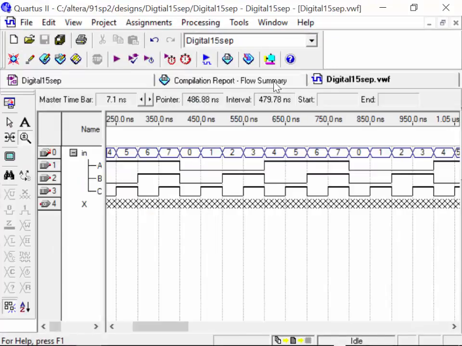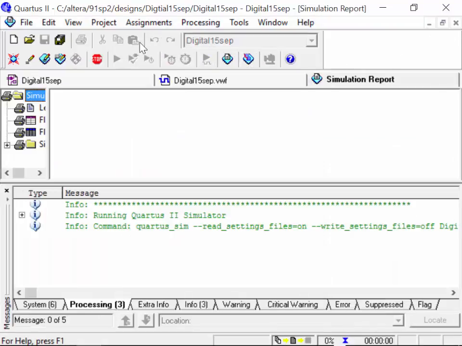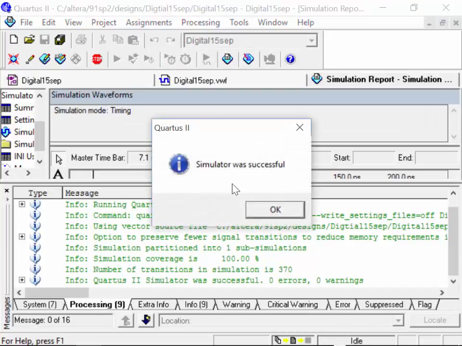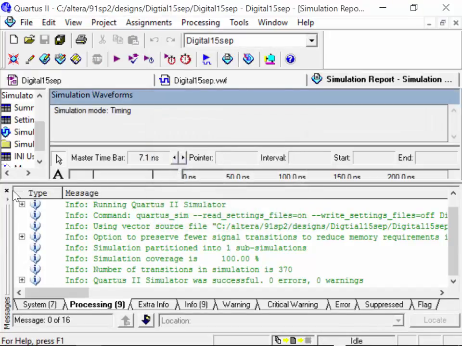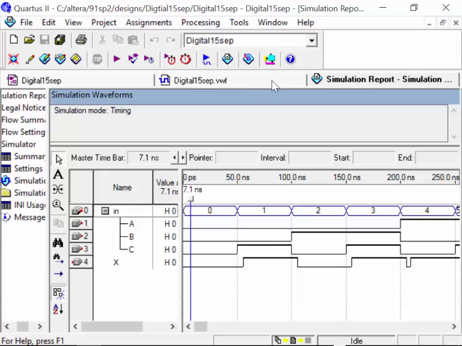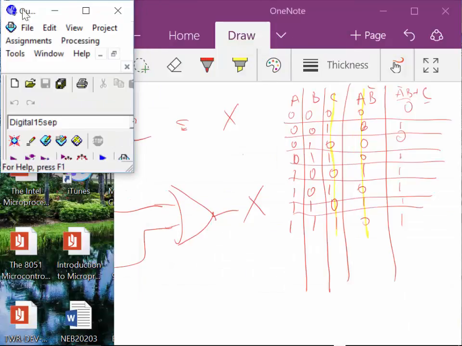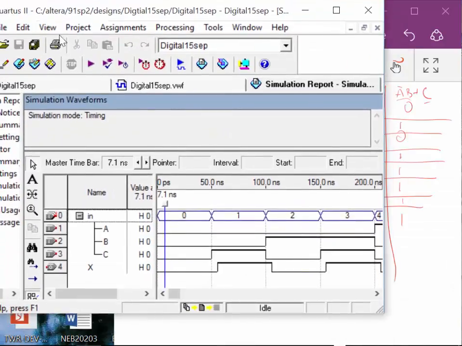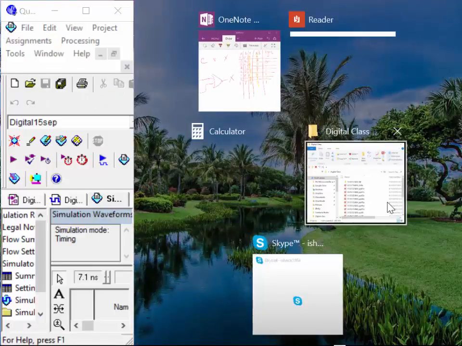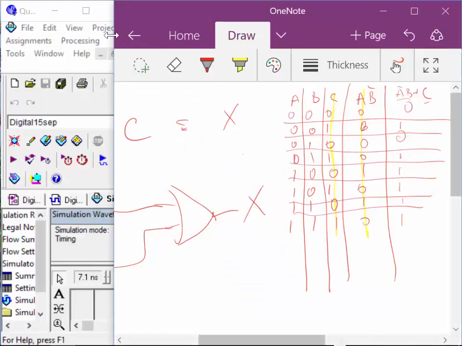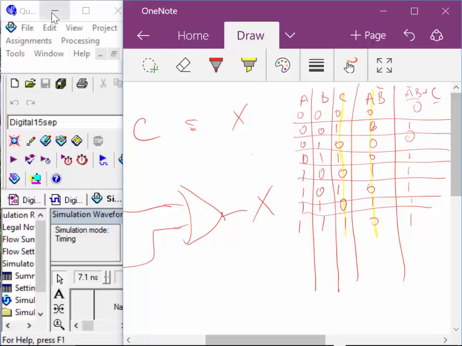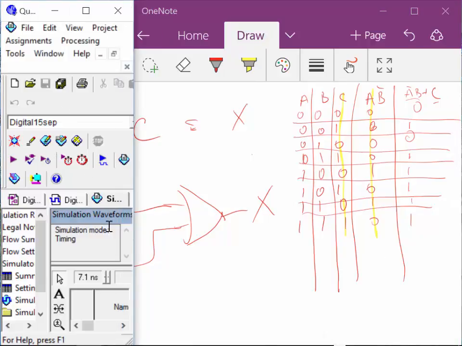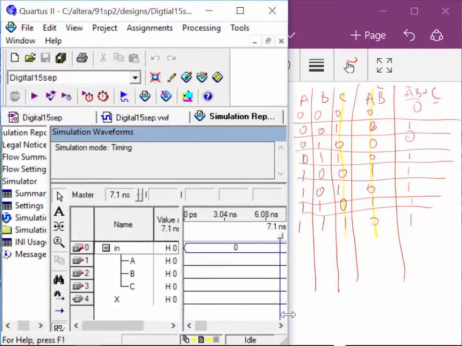Oh, I must have closed the simulation report. Okay, hopefully we can see this here. Unfortunately, our screen resolution does not help me any here.